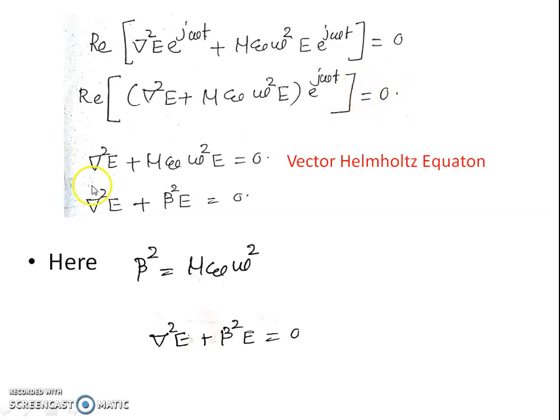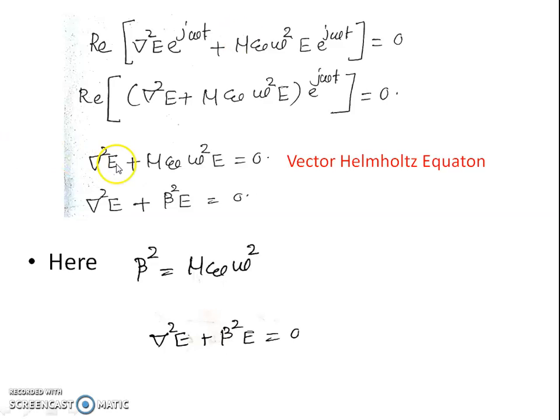From this equation, del square E plus mu epsilon omega square E is equal to 0. We can write this equation in this form, and this is the wave equation for a lossless dielectric or a lossless medium in Phasor form, and it is known as the vector Helmholtz equation.